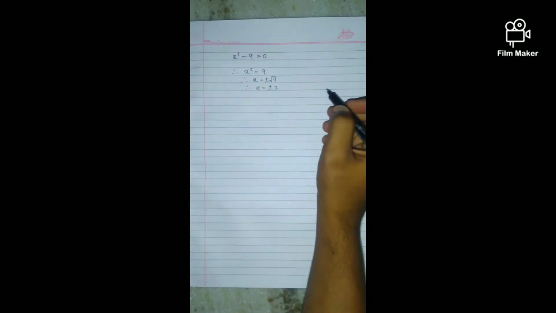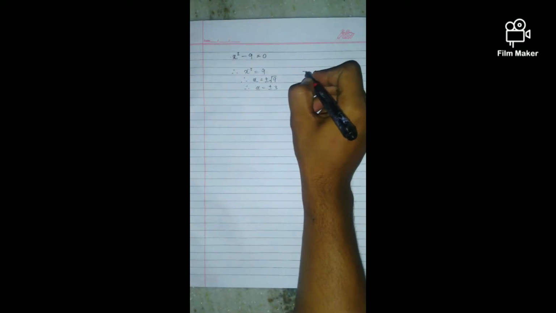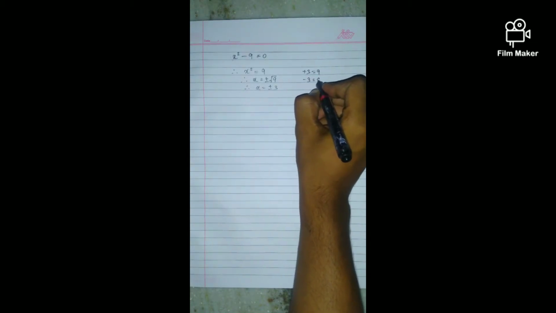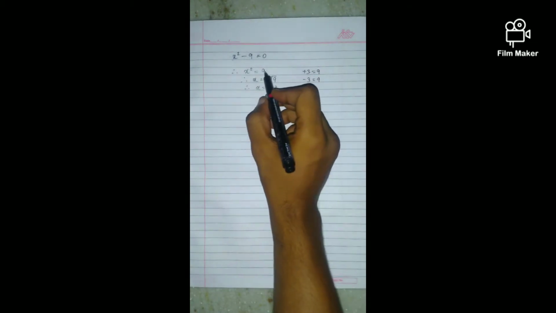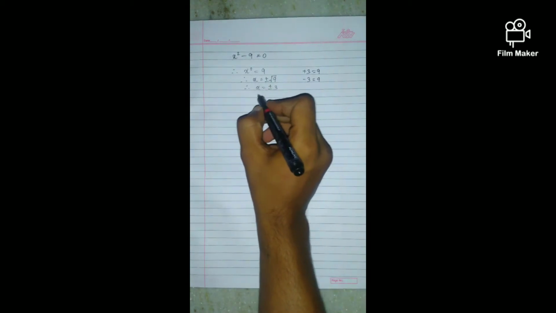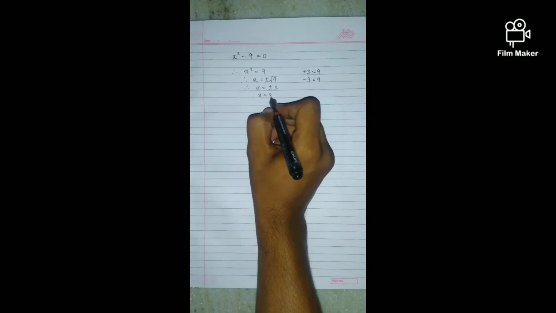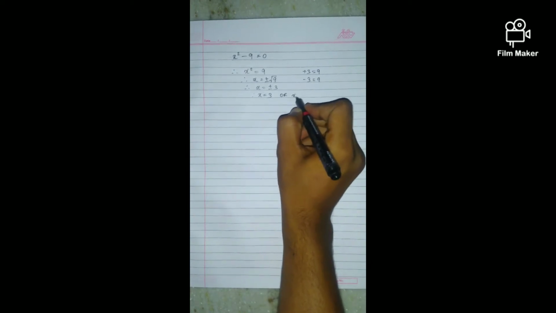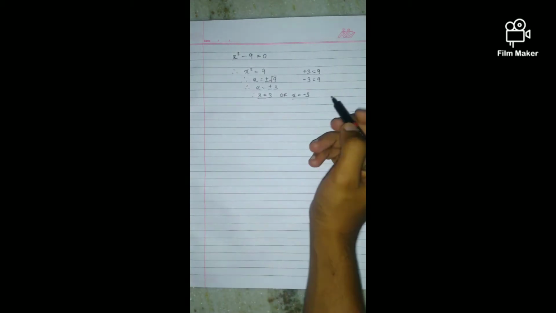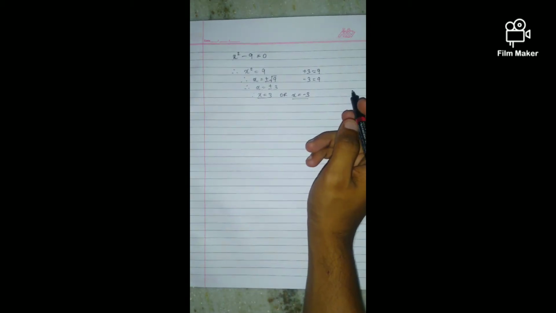Why plus and minus? Because the square of plus 3 is 9 and the square of minus 3 is also 9. So the square root of 9 can be both plus 3 or minus 3, and we got therefore x equals plus 3 or x equals minus 3. So here we got the two roots of the equation, or we say the zeros of the equation.